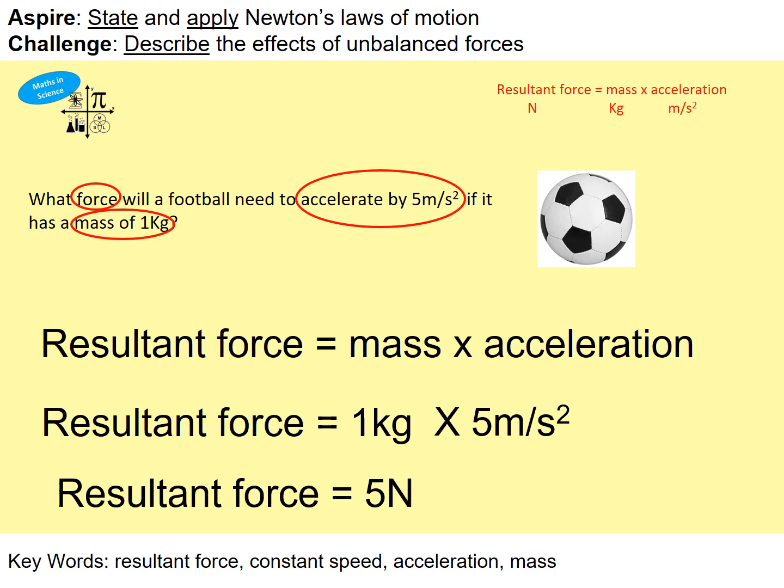Then put in your numbers, work out the answer, and then remember the units. That is a 3-mark question in an AQA exam in year 11. So that would get you 3 marks.